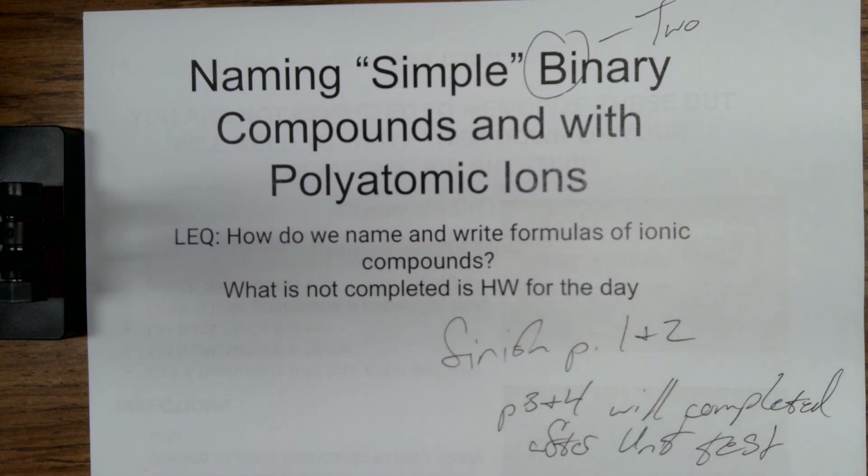That is our goal for today. We're going to make some note cards for the ionic polyatomic ions that we have in front of us. There's 16 of them. And we're going to talk about naming our binary, our simple ionic compounds.